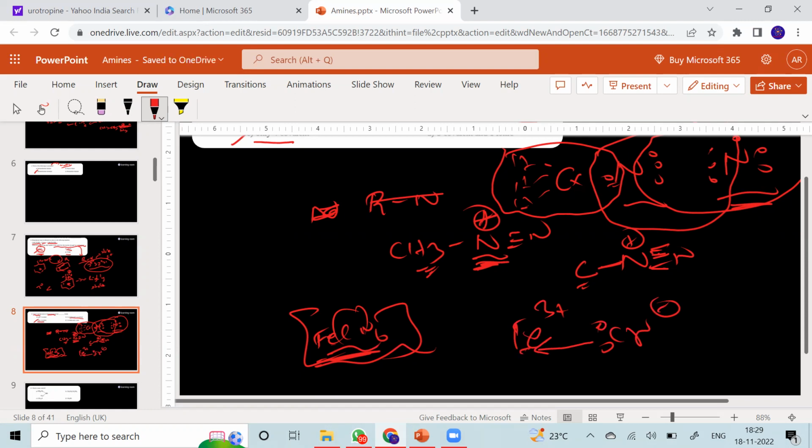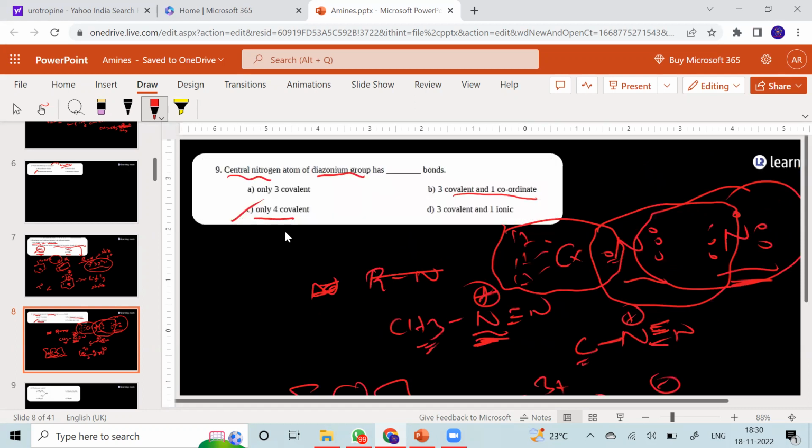Both the electrons come from CN minus. This kind of bond is called a coordinate bond. It's not mutual sharing. One species donates 2 electrons, and the other just takes them up. Anyway, the answer for this question is only 4 covalent bonds.